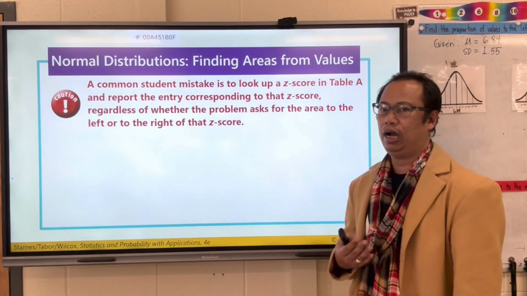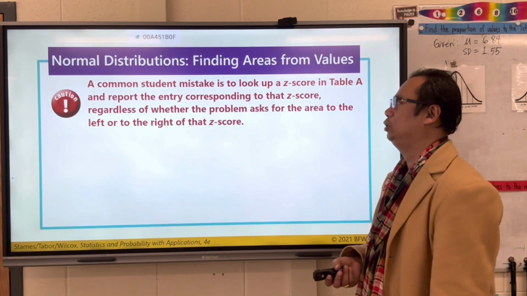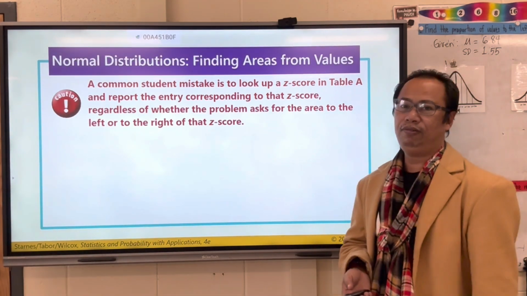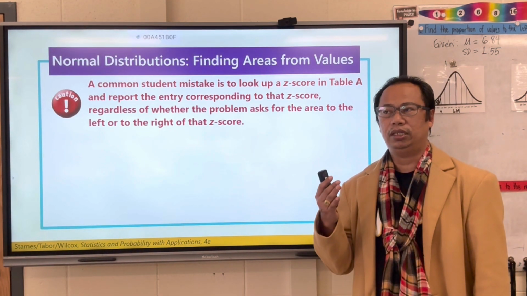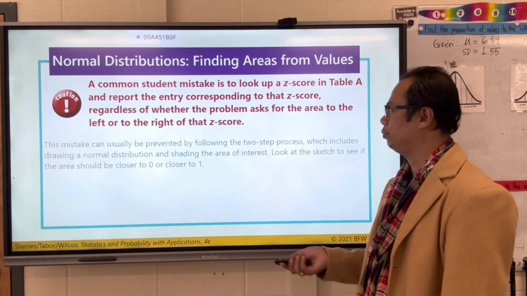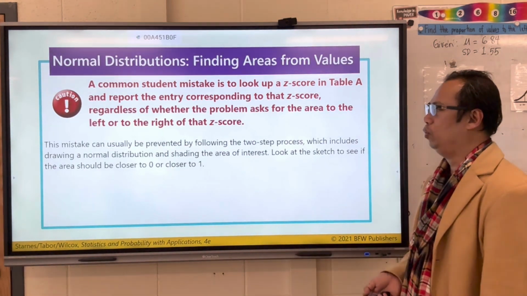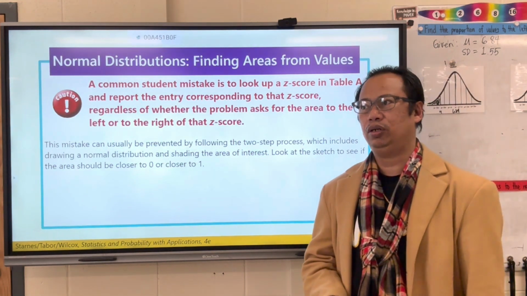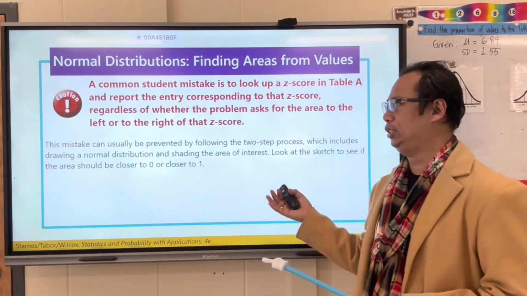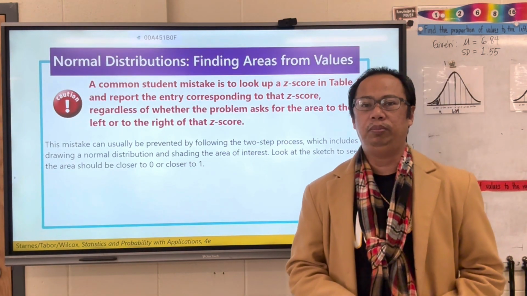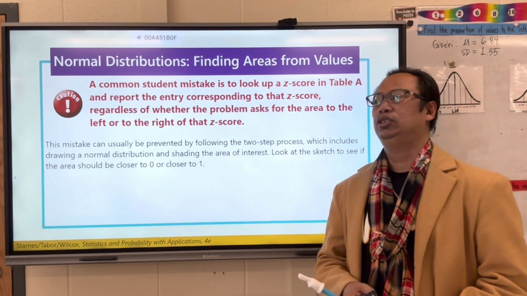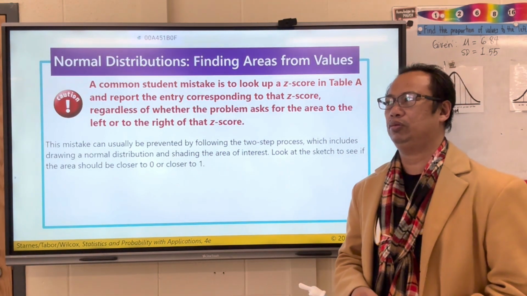So those are the two things that you have to remember in identifying the shaded area of the normal distribution. Again, it's stated here so you're not going to do it the wrong way.